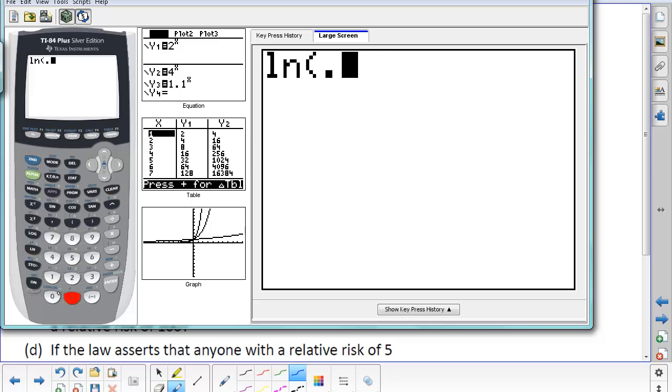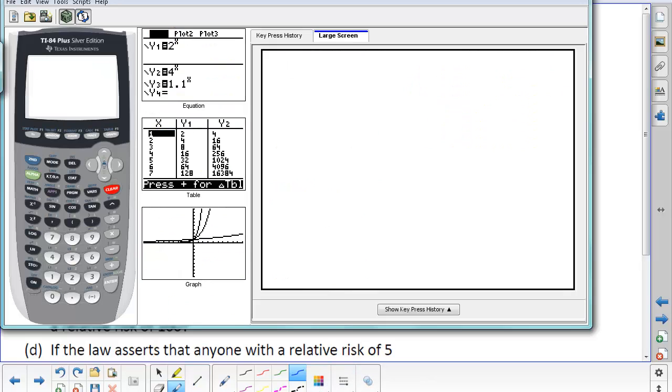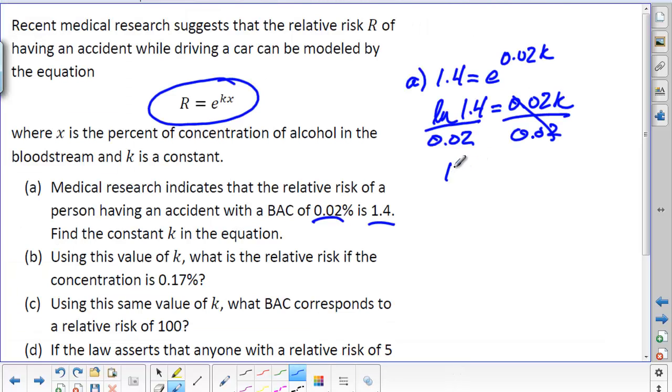Natural log of 1.4 divided by 0.02, 16.82. So we got that k.